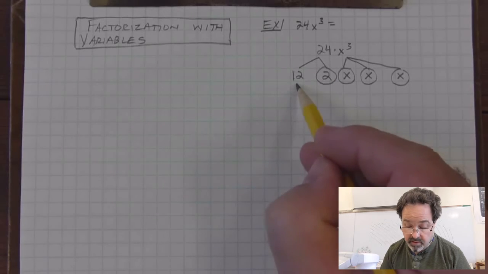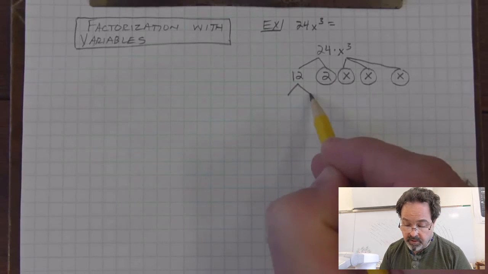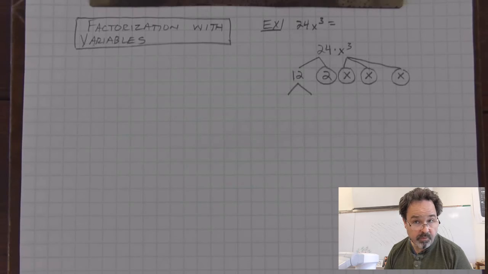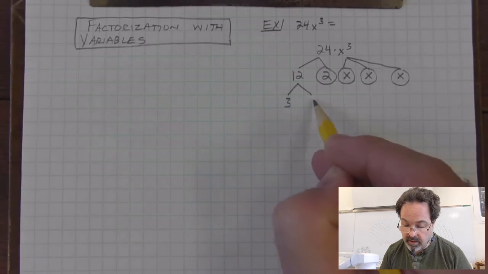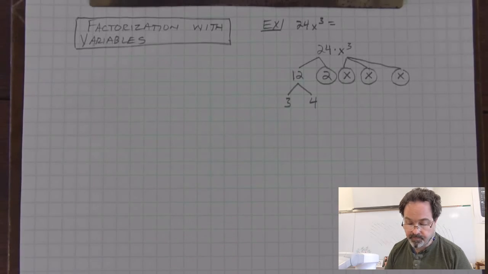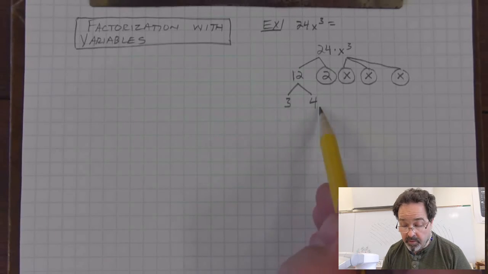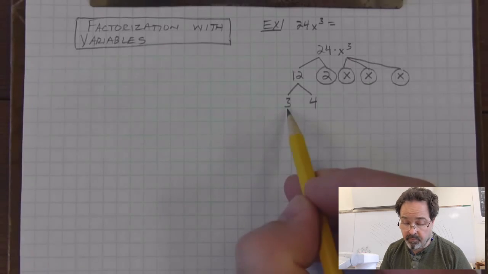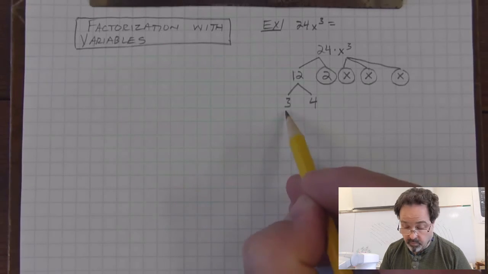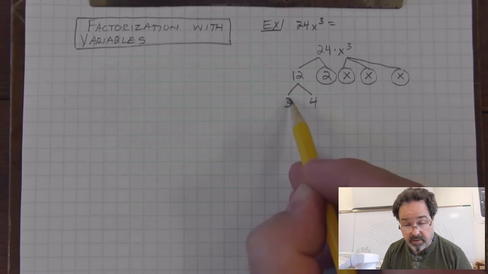The 12 is not a stopping point because we can think of two numbers that when multiplied equal 12. There's a couple combinations, 3 and 4 come to mind. But we have to keep on going with these factors. If we can find a number that divides 3, then we will split it up. But 3 is prime.